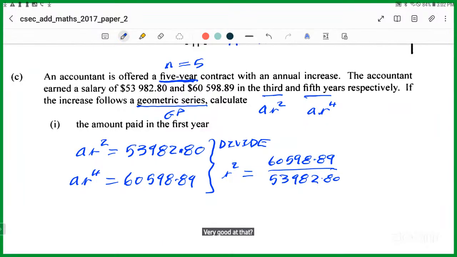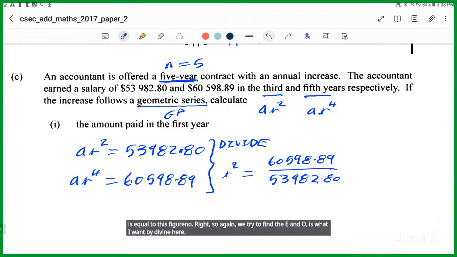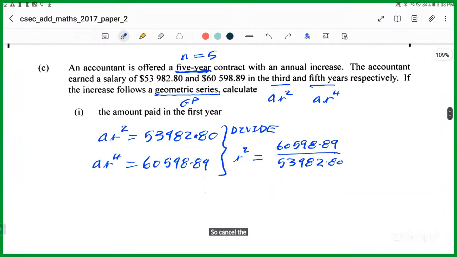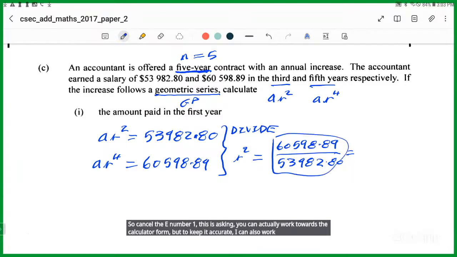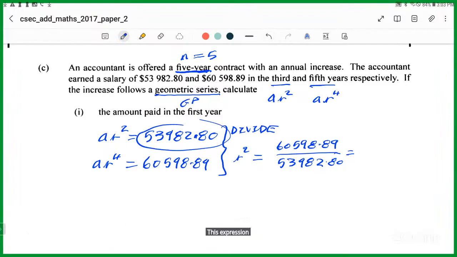Alright. Then now, you want a. So you see this r squared right here is equal to this figure. So you can find the a now, which is what they want, by dividing by the r squared. You can work it out with the calculator, but to keep it accurate, I can also work with this expression.